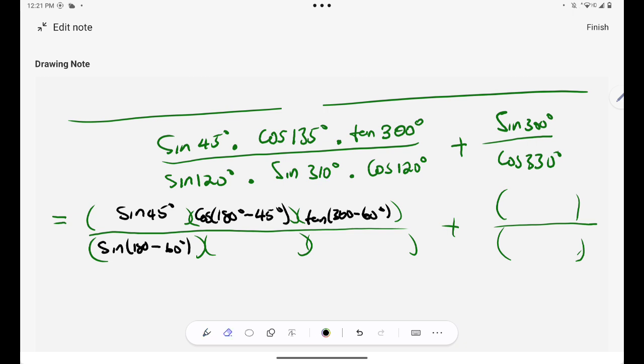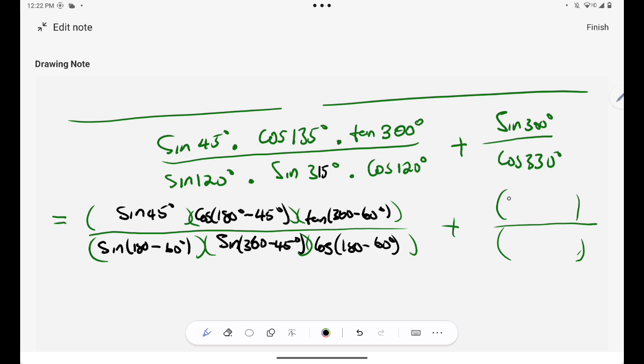Let's not use 310 there. Let's rather use 315. Okay. Sine of 360 minus 45, and then we have the cos of 180 minus 60.